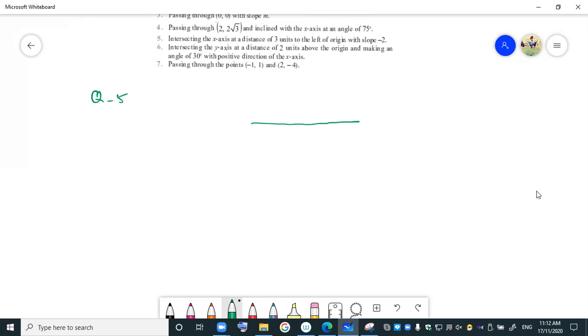This is your x-axis and this is the y-axis. Now the line is 3 units to the left of the origin. This is the origin. So 3 units means 1, 2, 3.